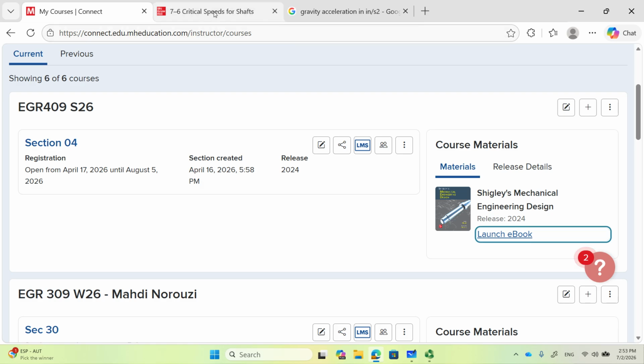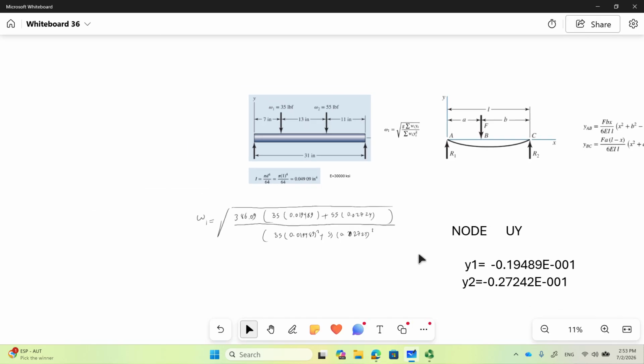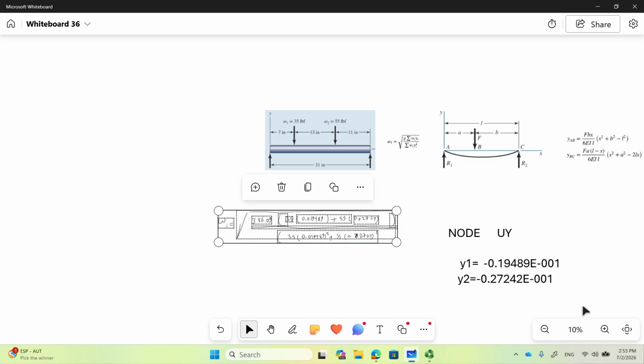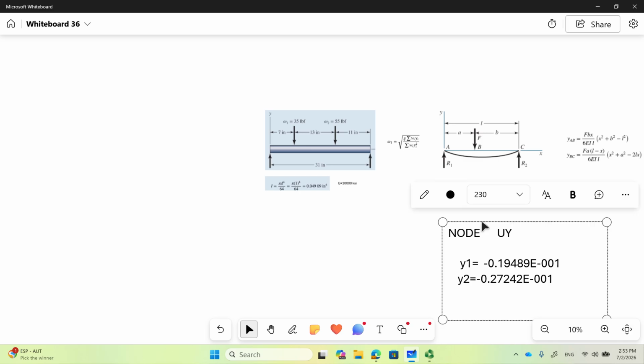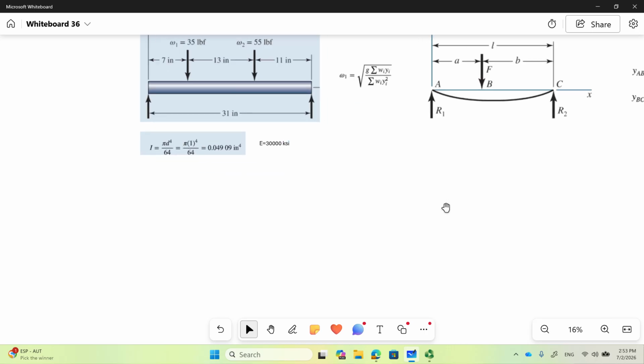Now, let's see how we could find this y1 and y2 using the other two methods, which is based on superposition, right? So, okay, let's look at this now. I'm gonna erase this guy.